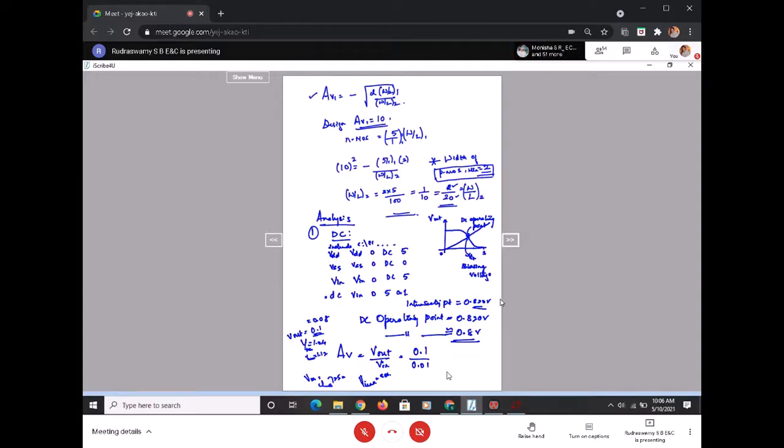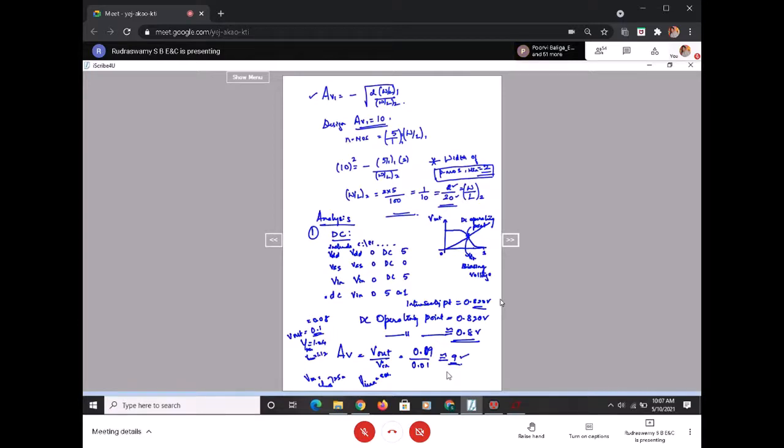If it is 0.09 divided by 0.01, it is approximately 9. So we designed the gain for 10, but we are getting a gain of approximately 9.